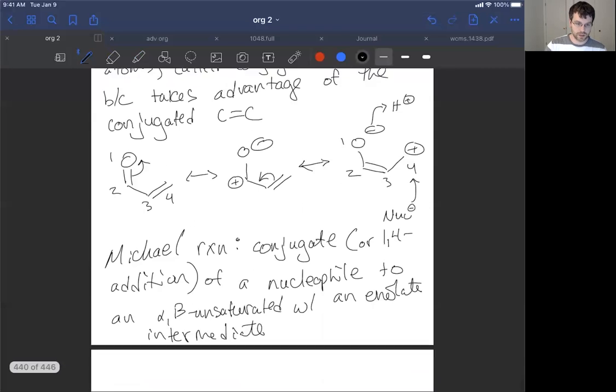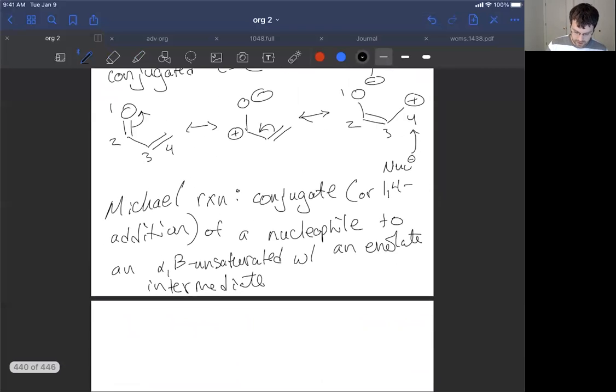So what you can do is take a carbonyl and add a nucleophile to it. This works really well for some particular classes of nucleophiles. You add a nucleophile to it, and you get this structure here.